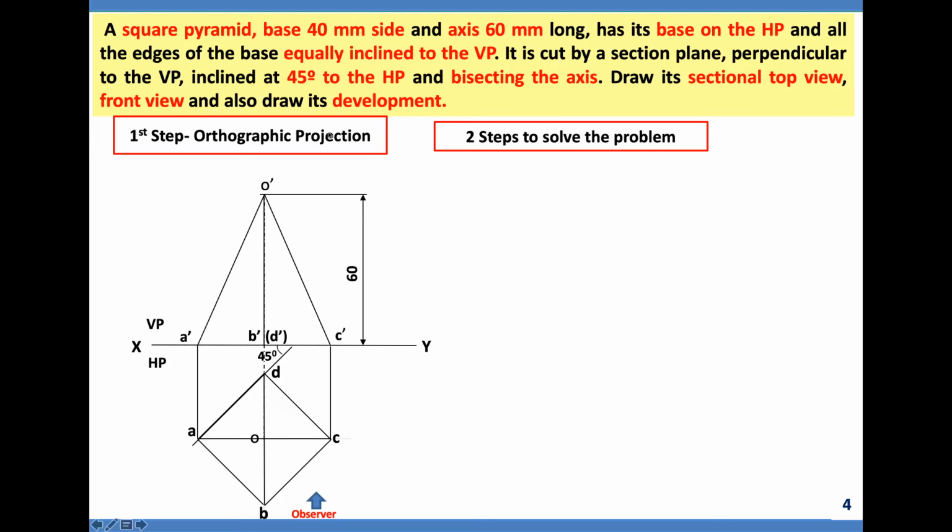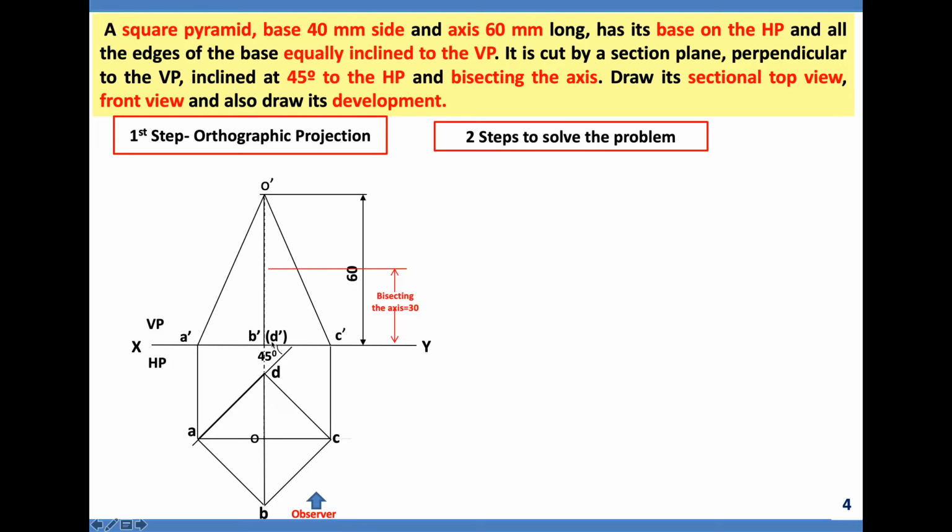After it has completed, now we have to introduce the cutting plane. How is it in the problem? Perpendicular to VP, inclined at 45 degrees to HP and bisecting the axis. In the last problem I said bisecting means midway of the axis. What is the angle? 45 degrees to the HP, theta.